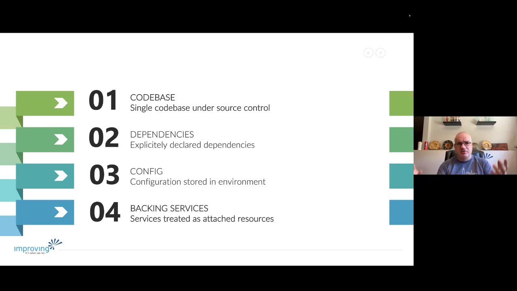So those are examples of treating those backing services as really attached resources and not caring about where they actually live. And if we've done step 3, if we've done the third factor correct with configuration, then it's easy to change a couple of environment variables to point our application to the appropriate backing service for the environment that we're currently executing in.